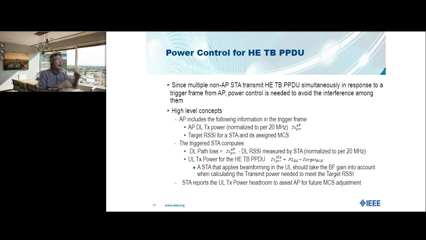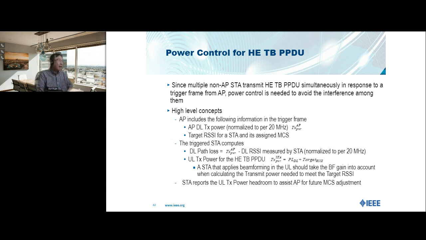They have to ensure each station transmits at the right power to meet its assigned MCS. So the AP controls everything, specifying who transmits and what MCS to use. It needs to provide information to the client to ensure each client uses the right transmission power to meet this MCS and doesn't interfere with each other.